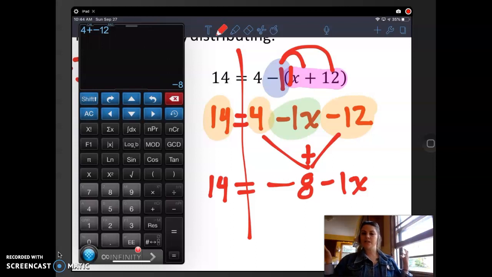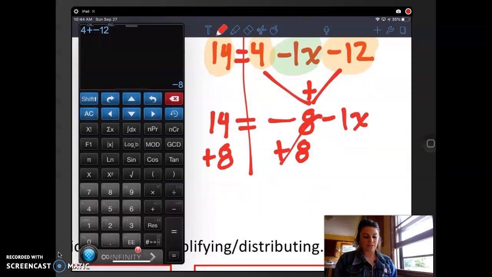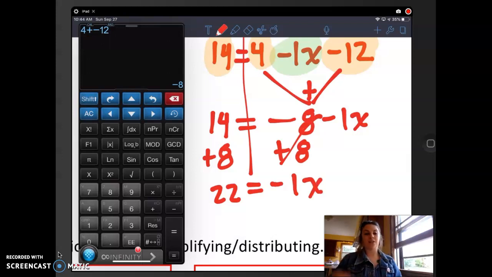All right, and now it's just a 2-step equation. We're getting really good at this. Remember, we want to get the x alone. We're going to add or subtract first, so that becomes 0, so we know that we have the x's alone on that side. 8 and 14 is 22, and that's negative 1x, because the negative 8 and the positive 8 canceled out.